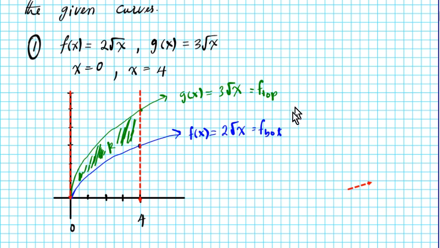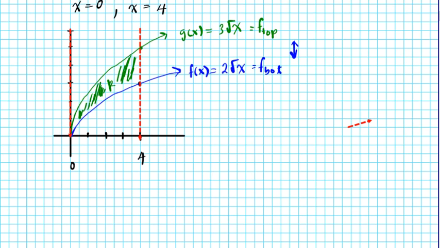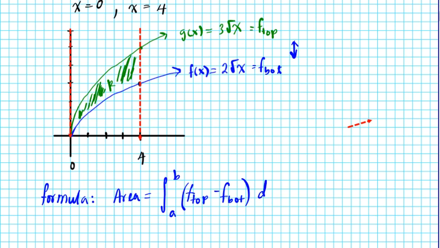Now since we have an up-down configuration, that will help us determine the right formula to use. Okay, so let's go ahead and write down the formula that will guide our problem solving process. So the formula for finding the region bounded by two curves oriented vertically is, the area is going to be the integral from a to b of the function on the top minus the function on the bottom, and the variable of integration is the x, since we're going towards the x-axis.